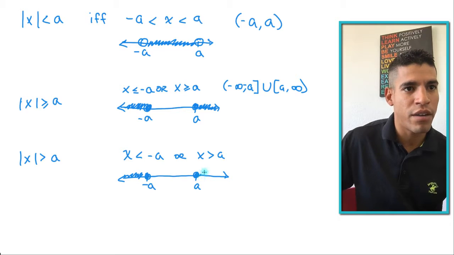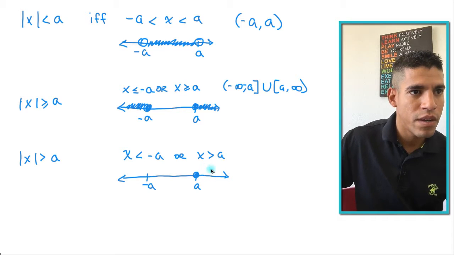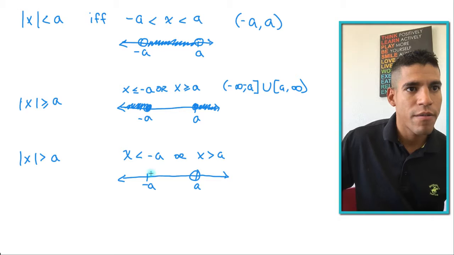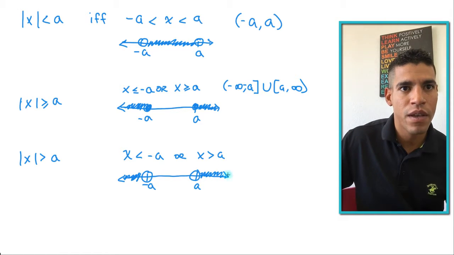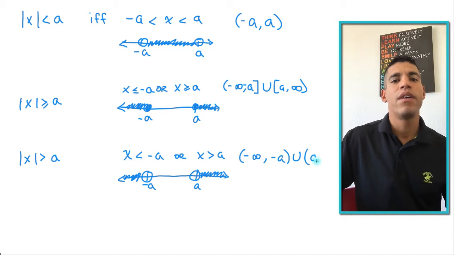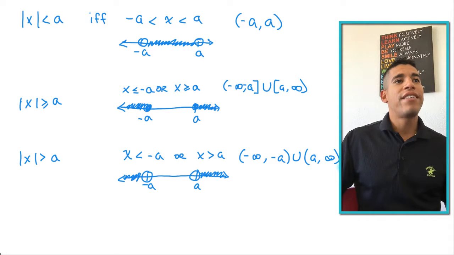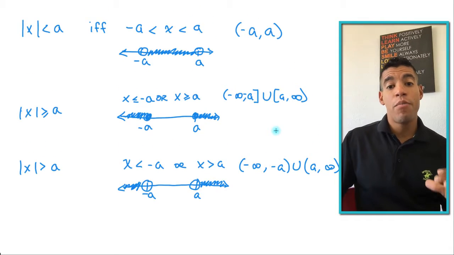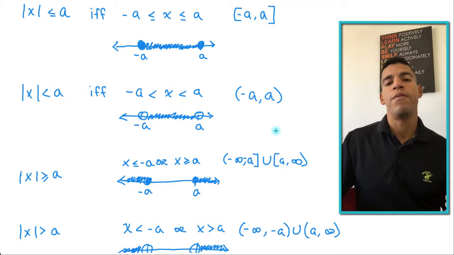I said without including the a's, and I include them. And then here is the same thing with the union sign. That's union, by the way, it's not u. Okay? So all those four properties are very important for the definition of limits.